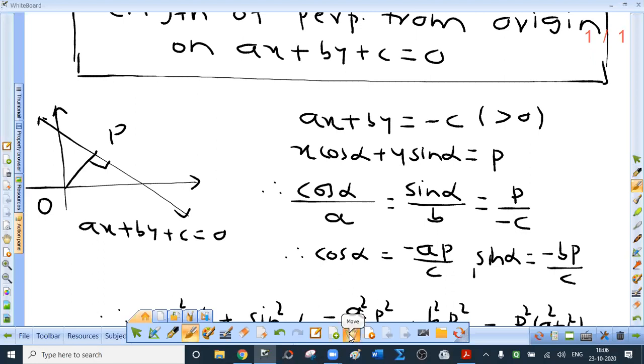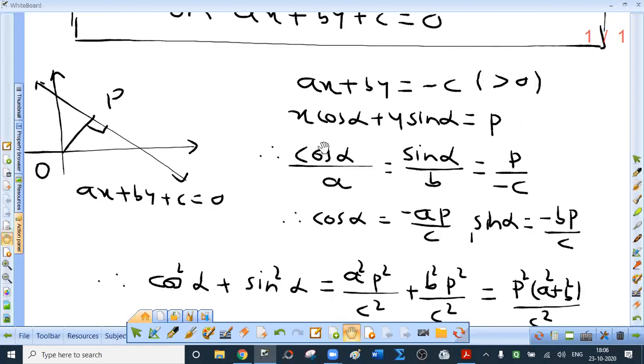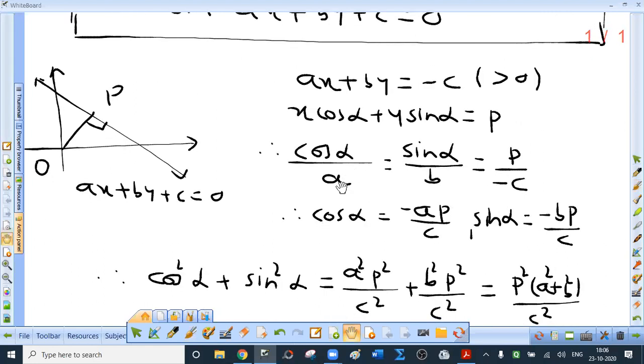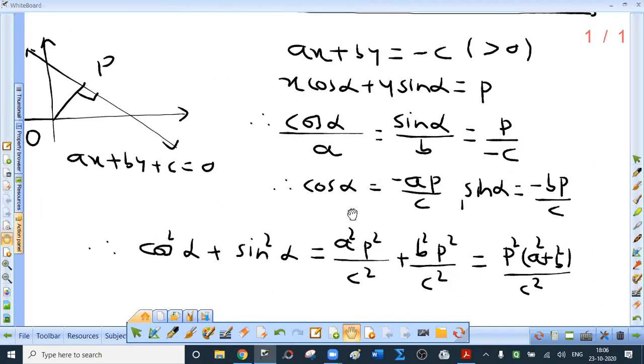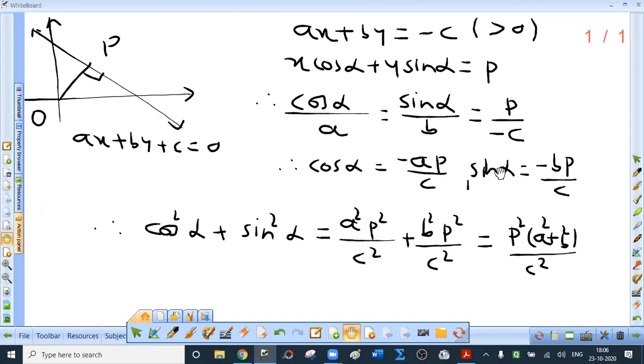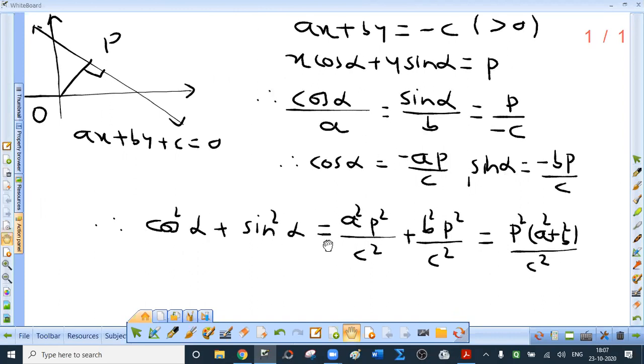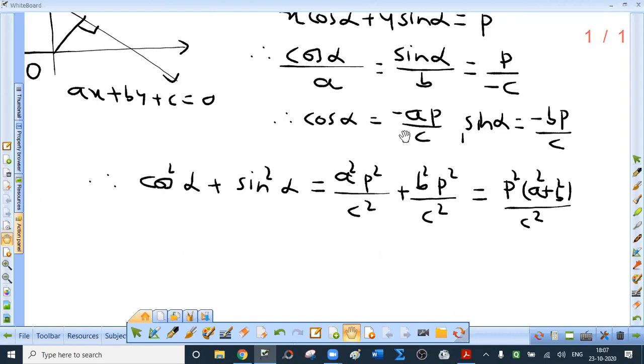Now we eliminate alpha. So what is cos alpha from first and third? Cos alpha is AP upon minus C, that is minus AP upon C. What is sin alpha? Minus BP upon C. On squaring and adding, we get cos square alpha plus sin square alpha, which is eventually 1, equal to A square P square upon C square plus B square P square upon C square.